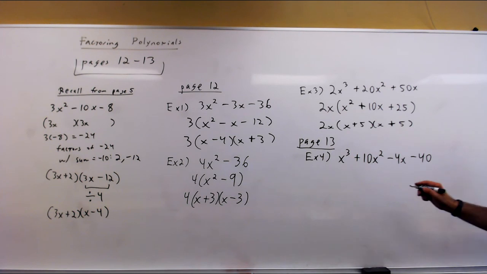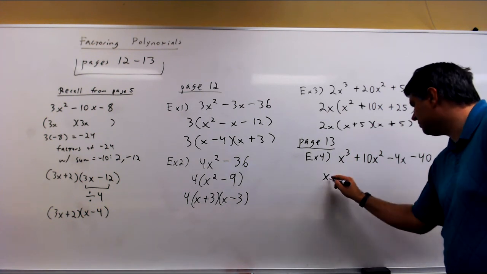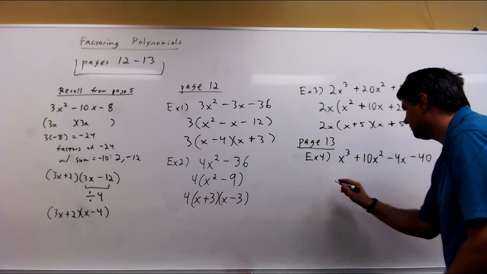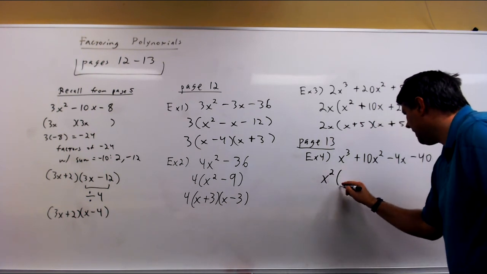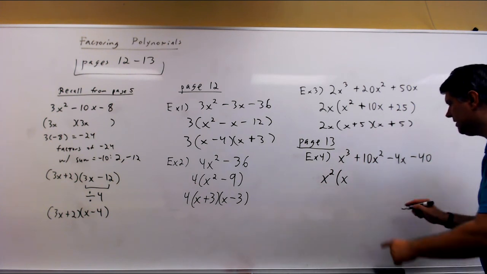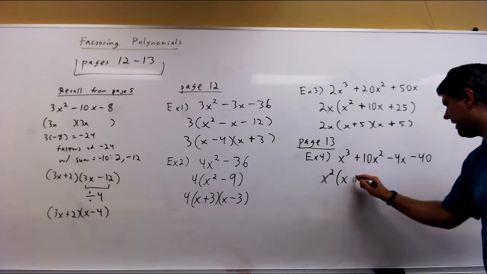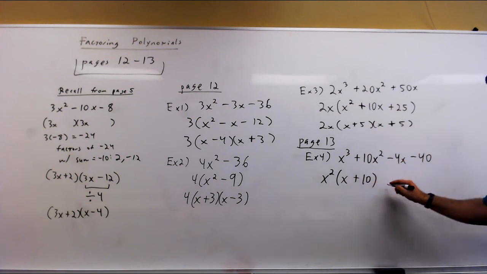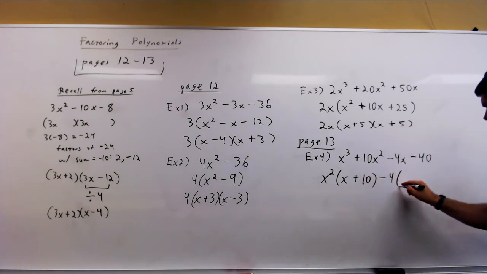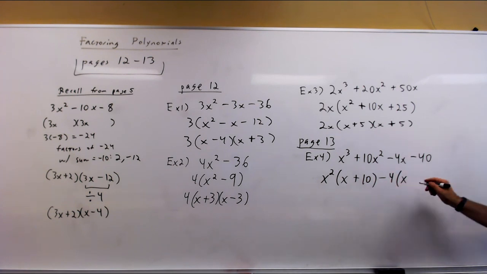So I'll take an x squared out of these two terms. We have taken x squared out, and x cubed divided by x squared is x. 10x squared divided by x squared is 10. The third term is negative. They're both divisible by 4. Negative 4x divided by negative 4 is x. Negative 40 divided by negative 4 is positive 10 again.